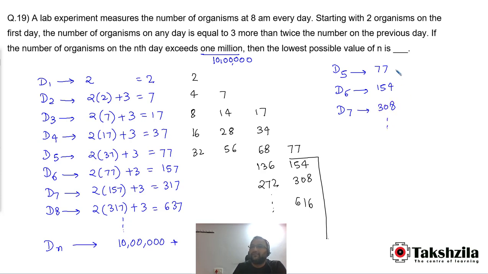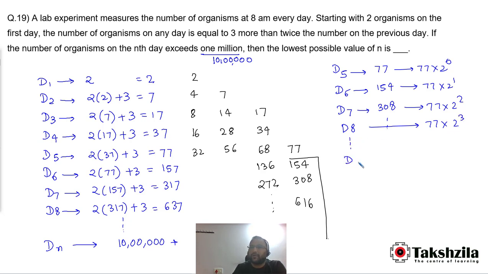So basically day 5 it's 77 into 2 to the power 0. Day 6 it's 77 into 2 to the power 1. Day 7 is 77 into 2 to the power 2. Then day 8 is going to be 77 into 2 to the power 3 and so on.